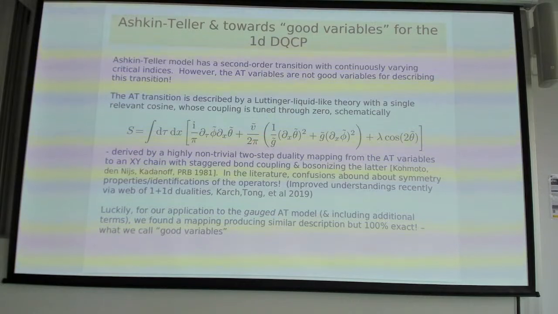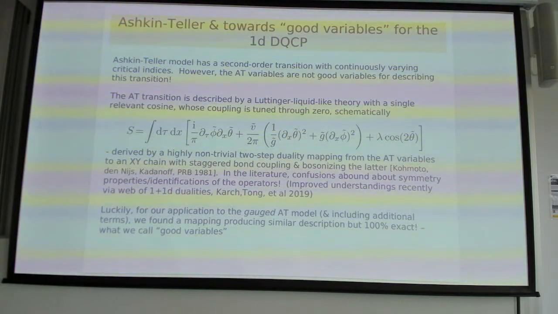So this is not a stable gapless phase, but what is happening is the transition is where the coupling of this cosine changes sign. So at the transition, the coupling is 0, and the relevant direction, the thermal direction for the transition, is this relevant cosine. Okay, so that's how one understands it.